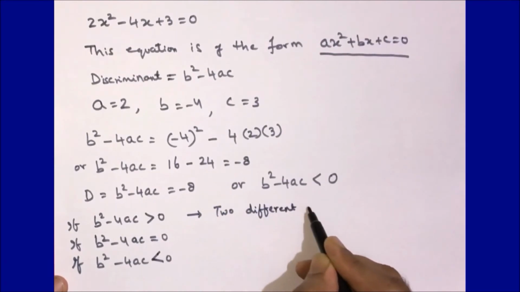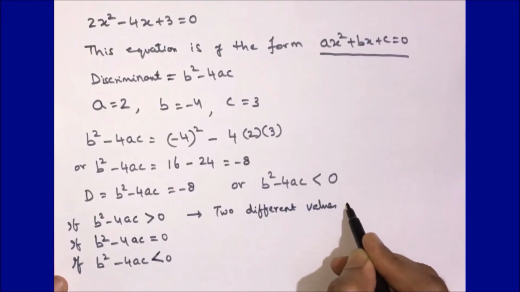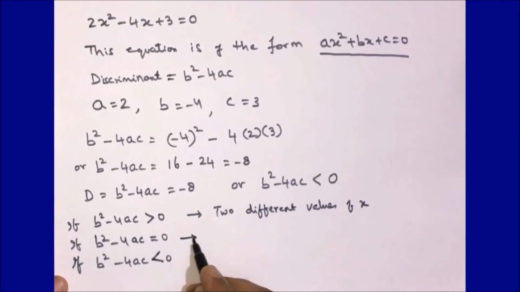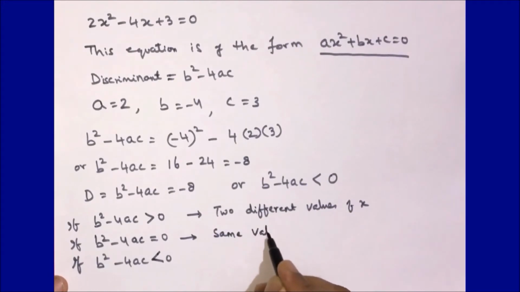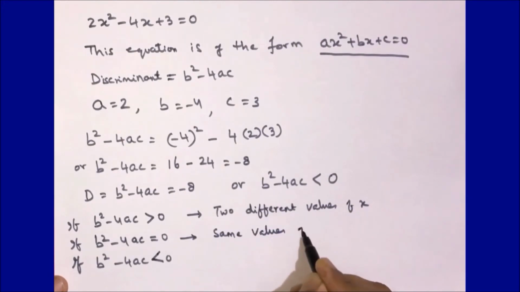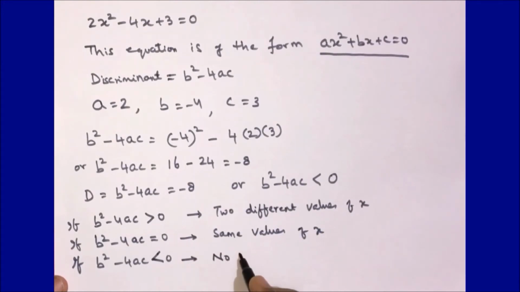If it is equal to 0, then we will get the same values of x. And if b^2 - 4ac is less than 0, then no real roots exist.